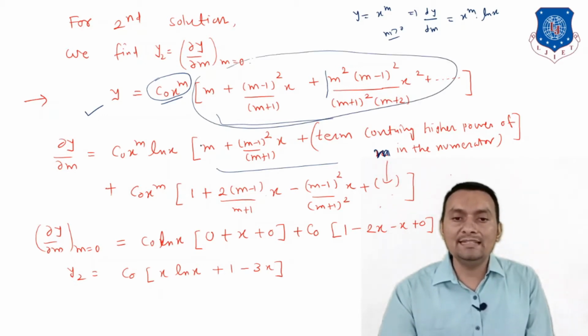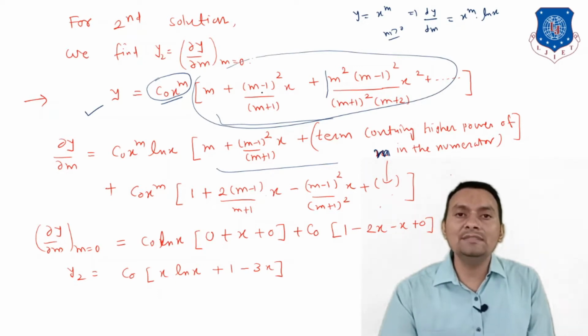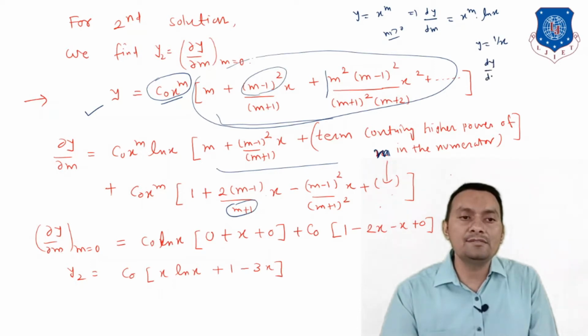So let us first take the derivative of m with respect to m, that is 1. So here I am just taking the product rule for the derivative. 1 divided by m plus 1, that is the same, I have not changed. So the derivative of the numerator will be 2 times m minus 1 times x, minus, because we know that y is equal to 1 by x, so dy by dx is minus 1 by x squared.